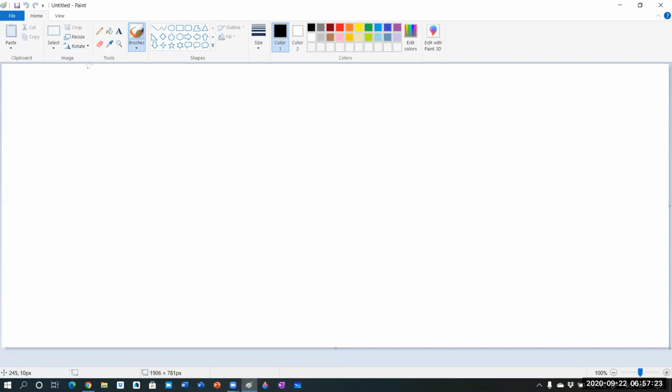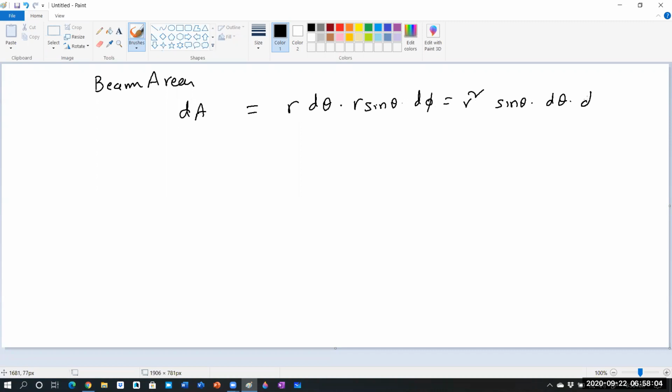Next parameter, beam area. Beam area in polar two-dimensional coordinates: an incremental area dA on the surface of the sphere is the product of r d theta and r sin theta d phi, which is nothing but r square sin theta d theta d phi.